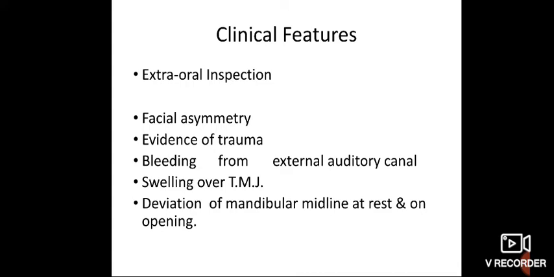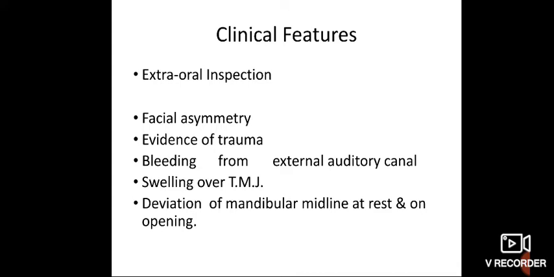What will be the clinical features you can notice in this kind of fracture? On extraoral inspection, there may or may not be facial asymmetry. Both can be seen. Sometimes undisplaced fractures will never produce an asymmetry, but if there are associated soft tissue injuries or swelling over the TMJ, then definitely there will be facial asymmetry.